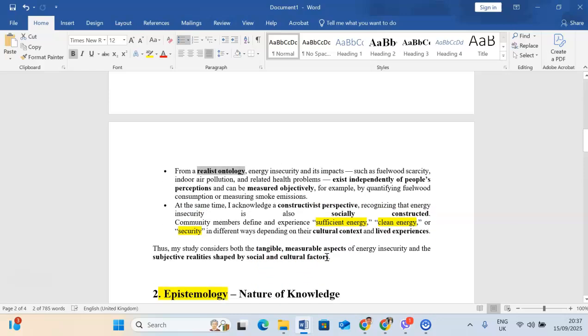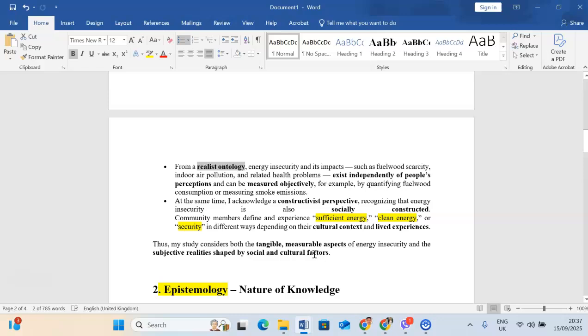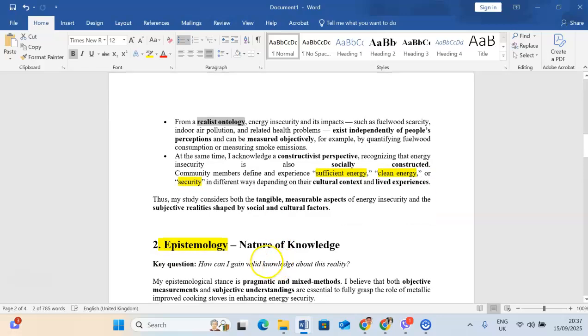So in my research, I stand to explore tangible, measurable aspects of energy insecurity and the subjective realities underpinned in it through social constructs or cultural factors.